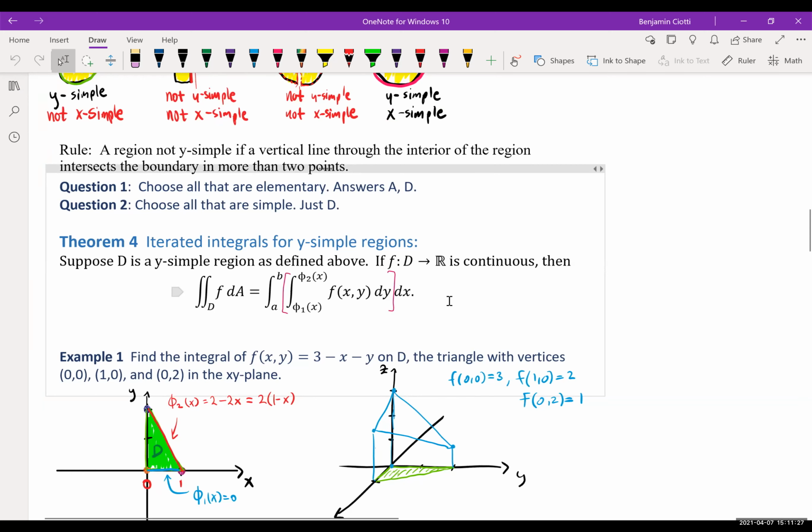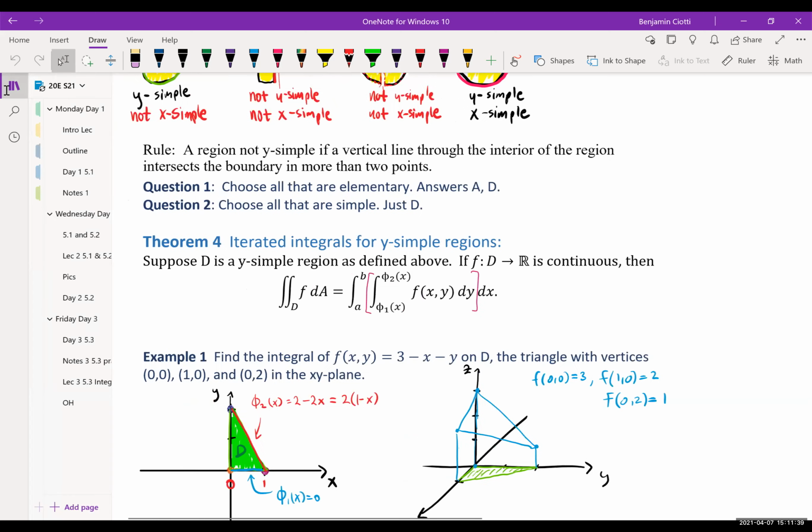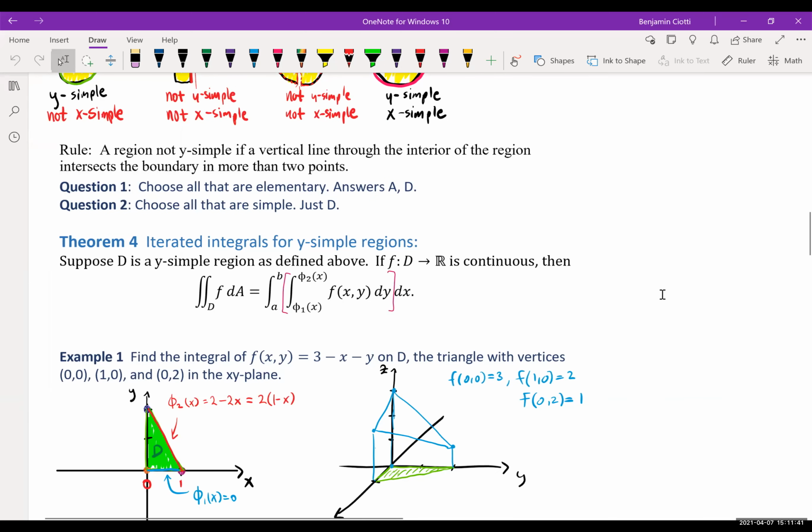Do you see my screen? Yeah. So this is from Friday's lecture. So you need the function on top and the function on the bottom.